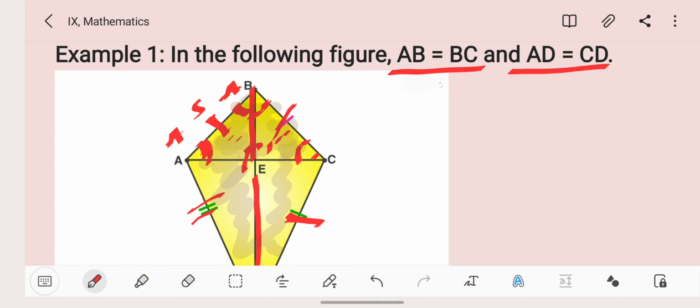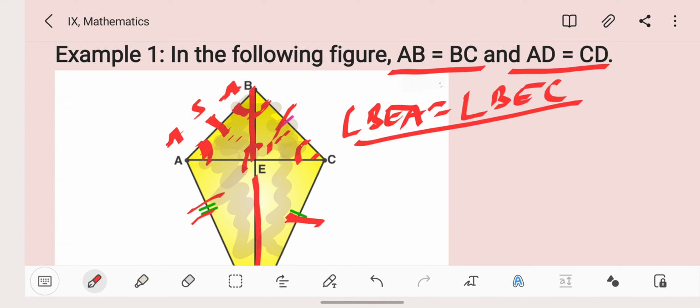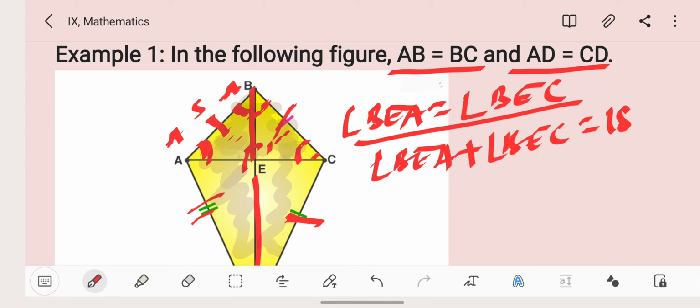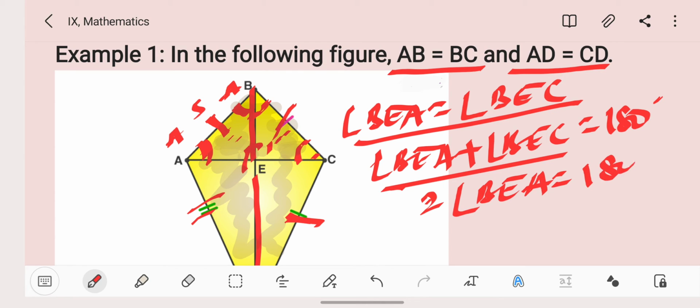So can I write angle BEA is equal to angle BEC. These two angles are equal, but they form a linear pair. So angle BEA plus angle BEC equals 180 degrees. The reason is linear pair. These two angles are already equal, so twice angle BEA equals 180 degrees.